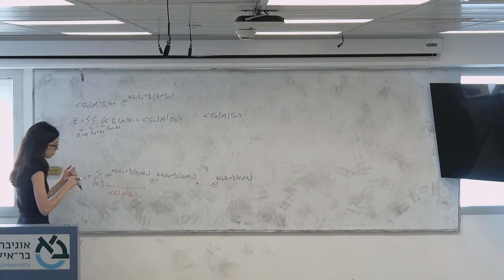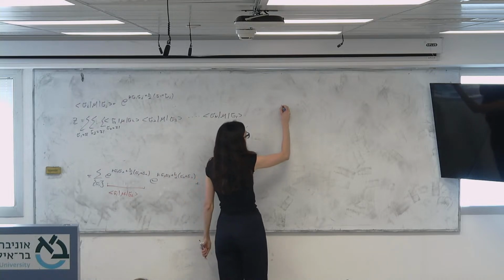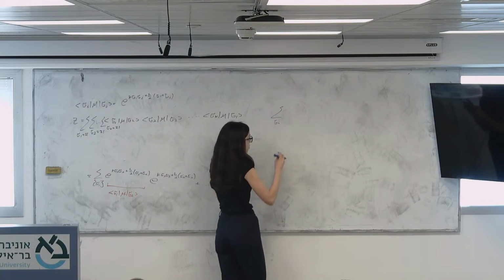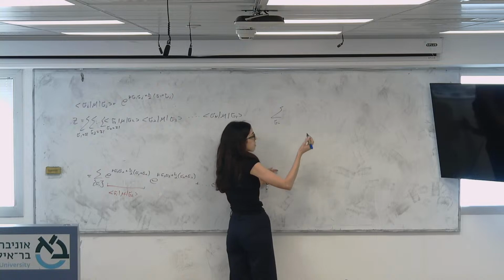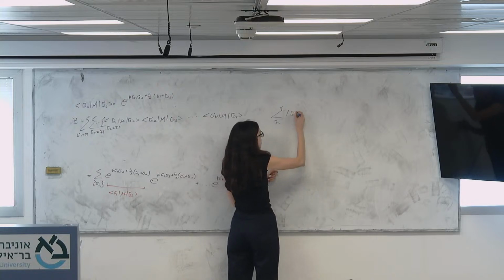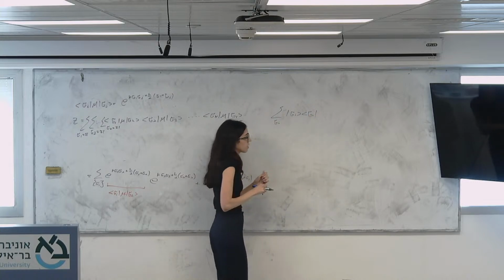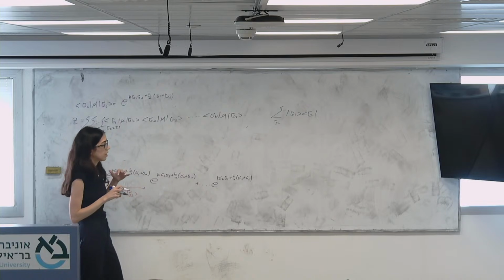So now we can use something called a complete sum, which means that I have a summation over all the possible values of, in that case, sigma I. And I know that each spin state is like a full basis.